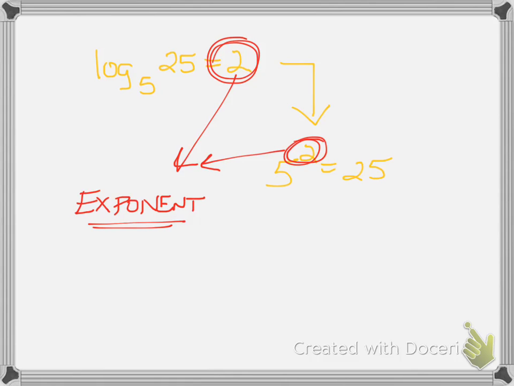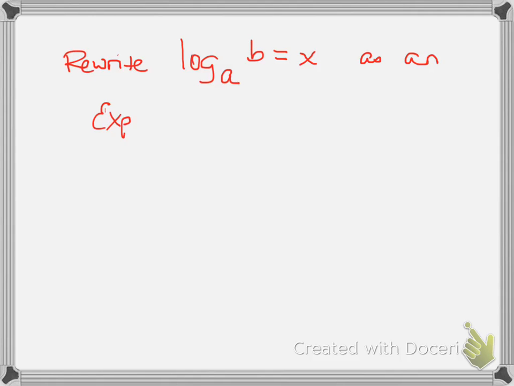So that being said, what we want to make sure we know how to do is rewrite logs as exponential functions. We want to be able to evaluate them also. So let's look at a couple examples. Let's suppose we were asked to rewrite this expression, log with the base of a of b being equal to x, as an exponential function.